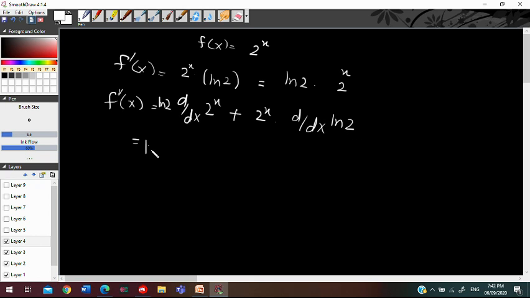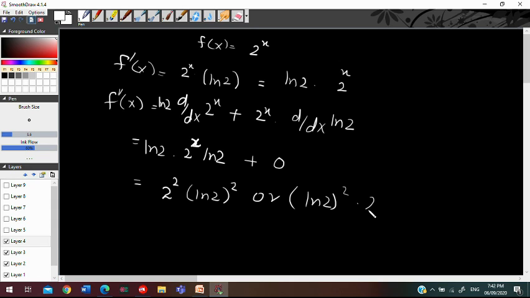So log of 2 is the same, and when we differentiate it, we have 2 power x into log of 2, plus 0. So we can write 2 power x into log of 2 square, or log of 2 square into 2 power x.